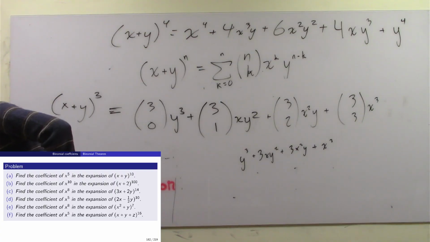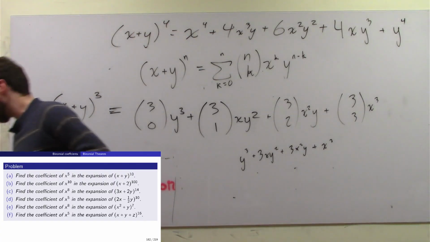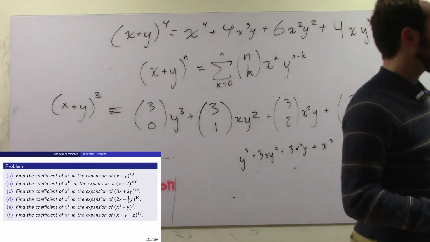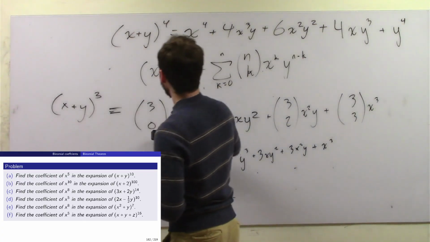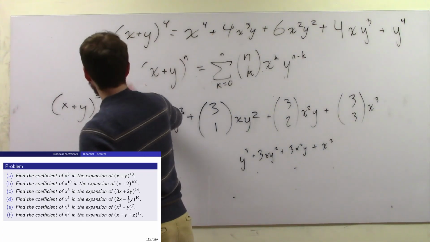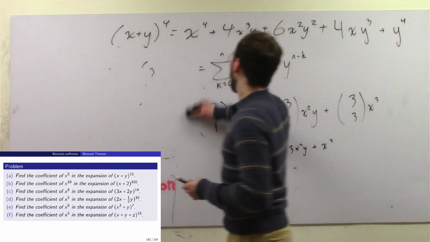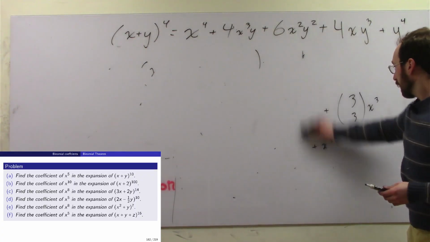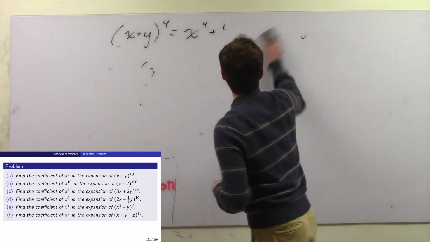So yes, we can use the binomial theorem to expand some binomials, but sometimes we'd rather not expand the whole thing, and maybe we just want a single term. I'm just going to move the binomial theorem to the top left corner. Bear with me.